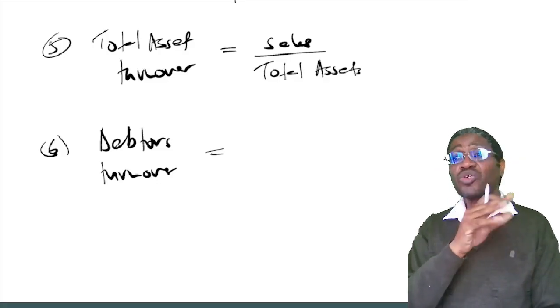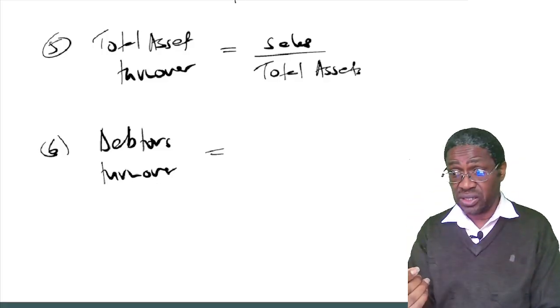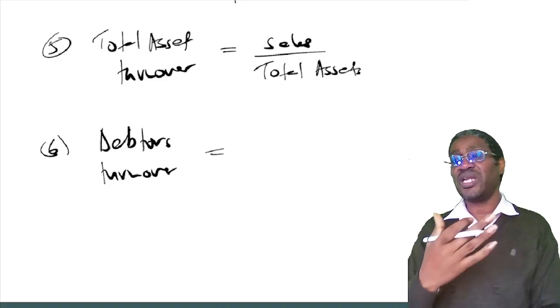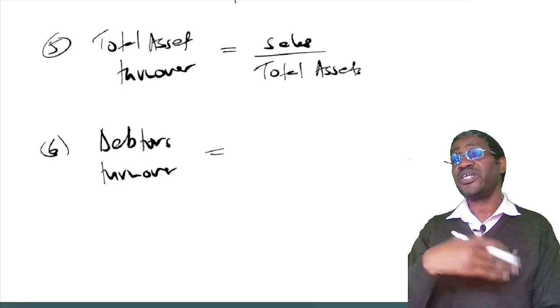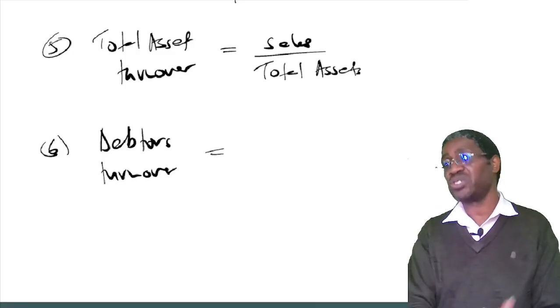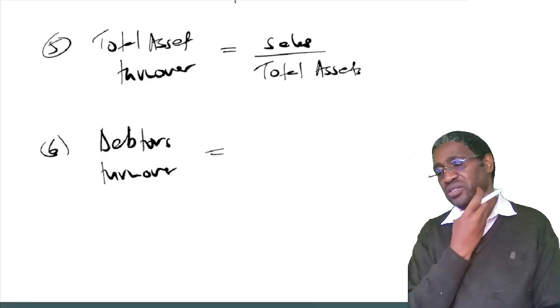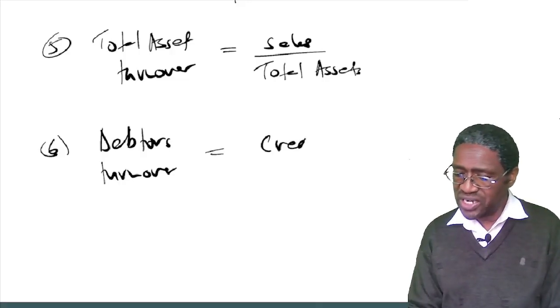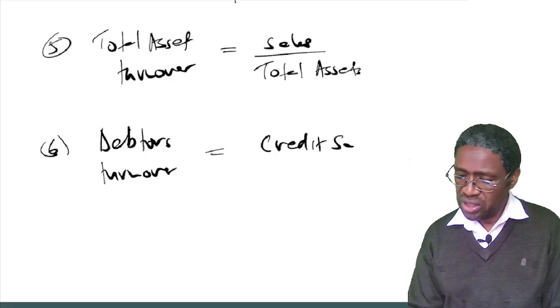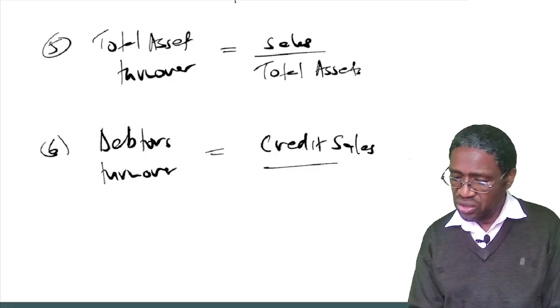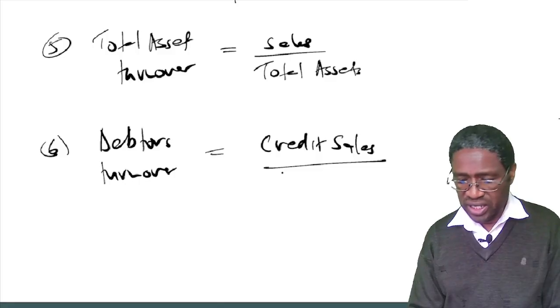Because not all sales bring about debtors. So you can be told to calculate what we call trade receivables turnover. We are also calling it debtors turnover. You know, trade receivables are also known as debtors. Okay? Good. So again, now we use credit sales, not just total sales. It's credit sales. You divide by debtors.